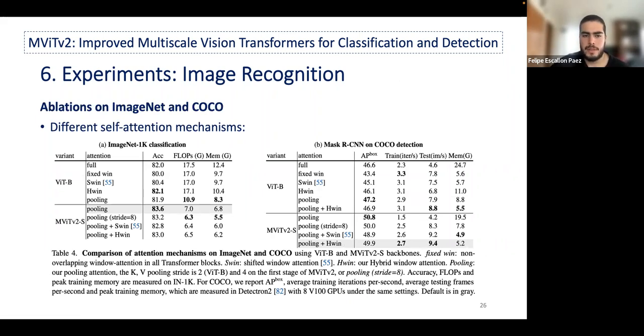In their experimentation with different self-attention mechanisms, they saw a different behavior between both approaches. Here we have the original vision transformer and the multiscale vision transformer.